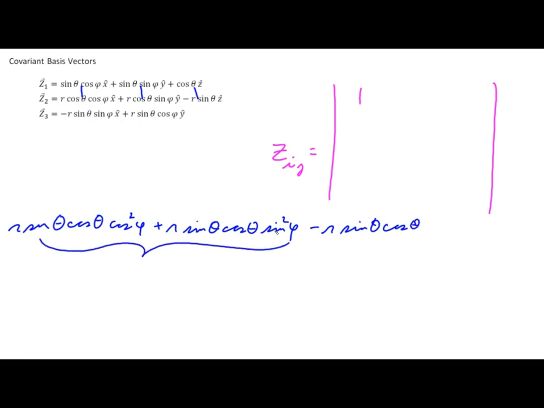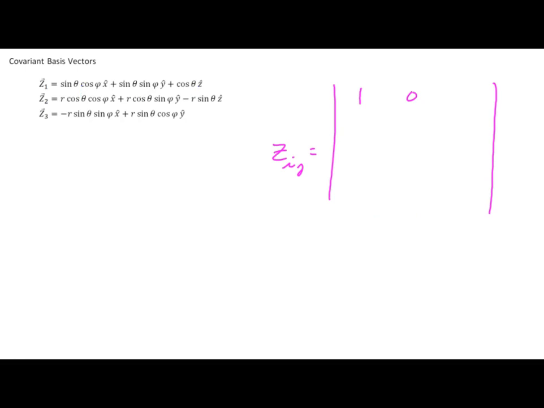Well, the same drill we've done before, this whole expression is just equal to the factor that we will take out of the expression. So r sine theta cosine theta is what these two terms resolve to, and of course that cancels out with this, meaning that the value of z12 is 0. And because of the symmetry, z21 is also 0.